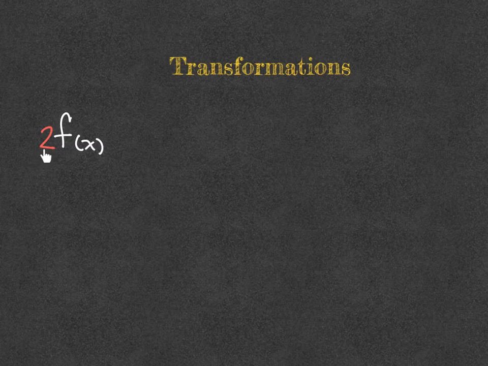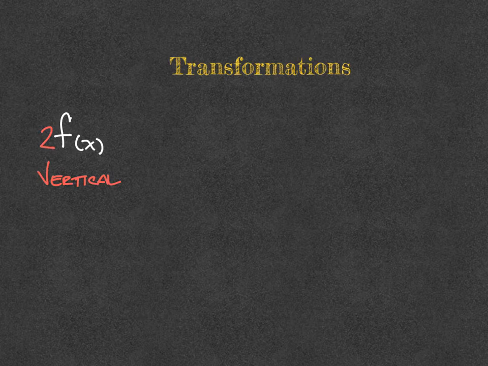This 2 is multiplying the whole function, the whole f of x. Well, we know that when that happens, it's because this is actually going to be a vertical change. And since the number that is multiplying is bigger than 1, this will be a vertical stretch.